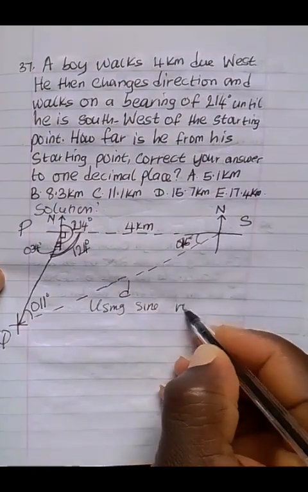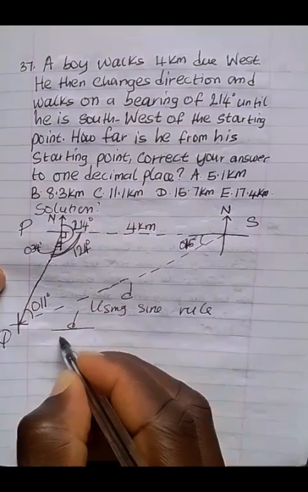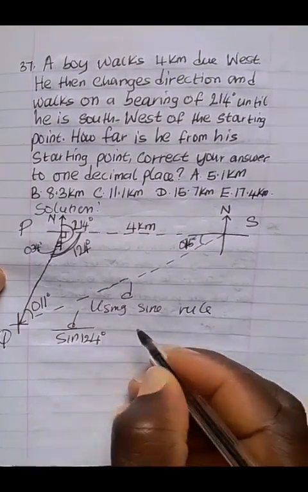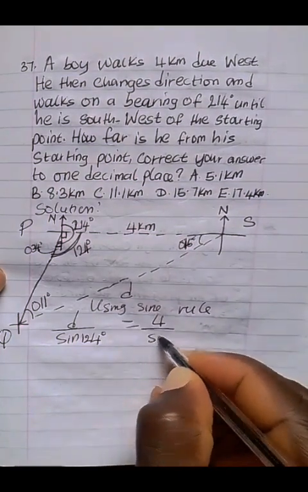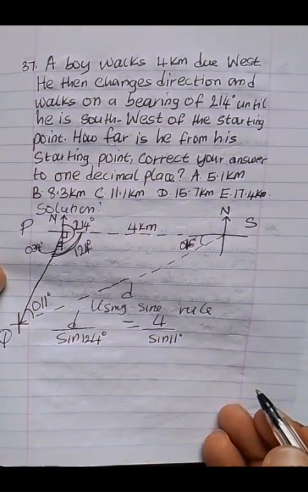Using sine rule, we have D over sine 124 degrees is equal to 4 over sine 11 degrees.